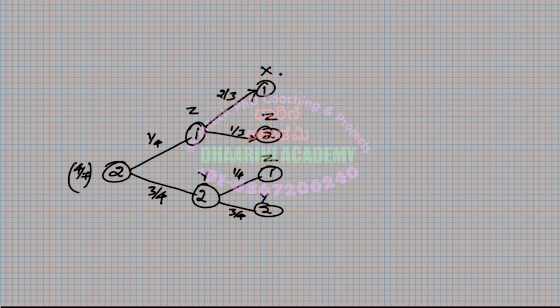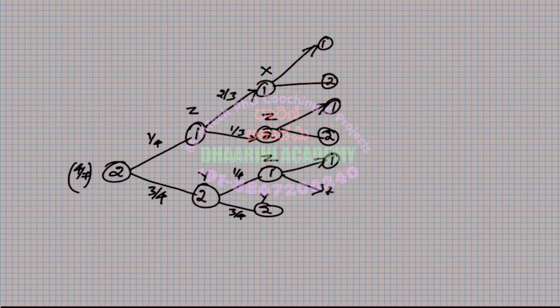So from the first one, I can go to 1 or 2. From the second one also, go to 1 or 2. Okay, write the corresponding probabilities.